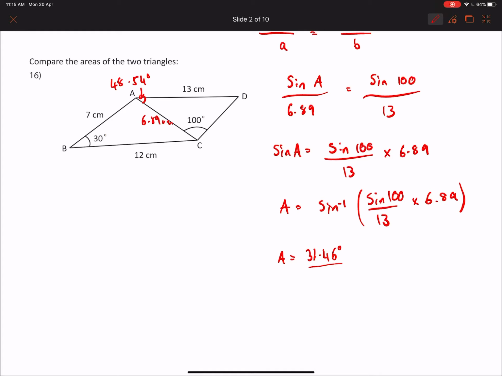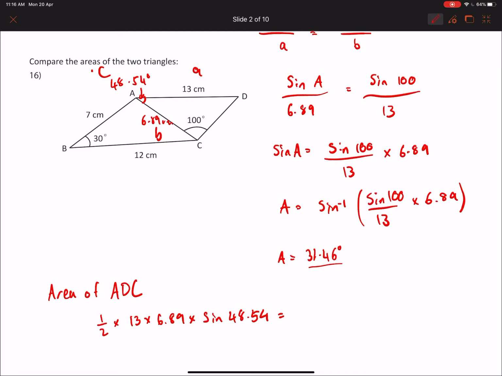Okay, so to find the area of a triangle, you need two sides and the angle between. So now I've got that, I can find the area of ADC by doing half times, well, a and b, it doesn't matter which way around you do it, half times 13 times 6.89 times sine 48.54 to get an area.